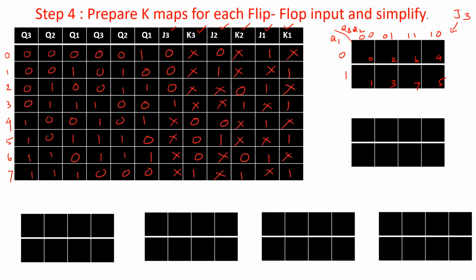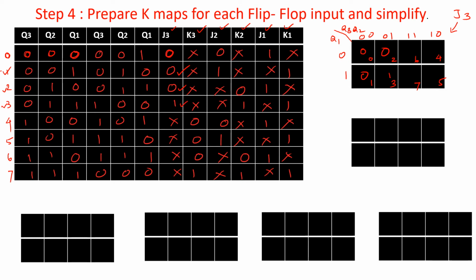Now you can see for J3, when it is 0 decimal, that is 0, 0, 0, J3 is 0. For 1, J3 is 0. For 2, J3 is 0. For 3, J3 is 1.